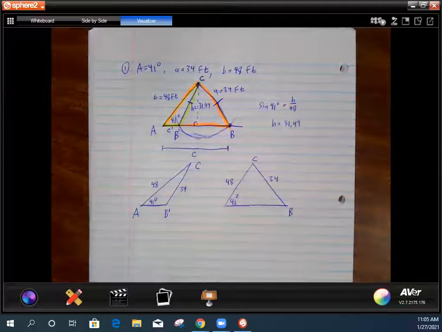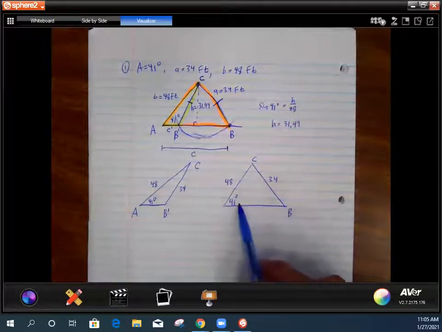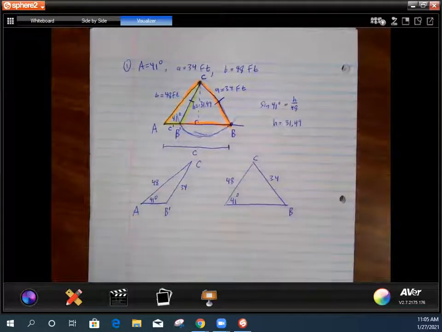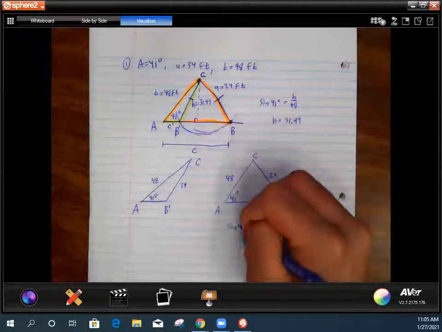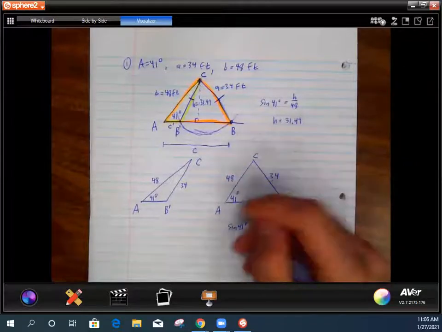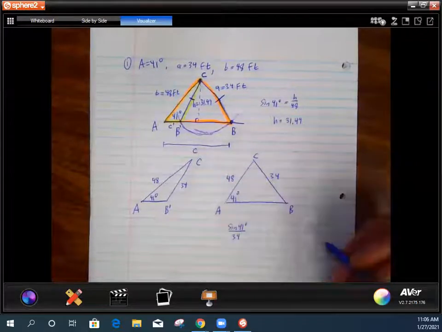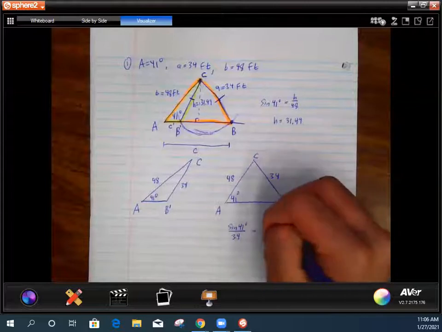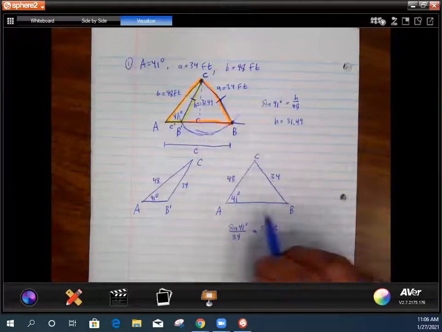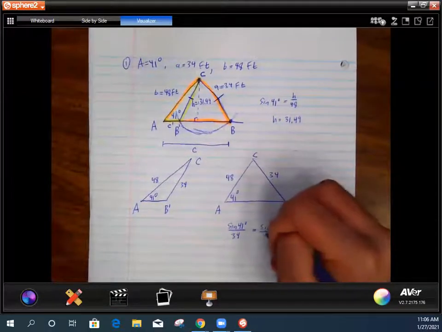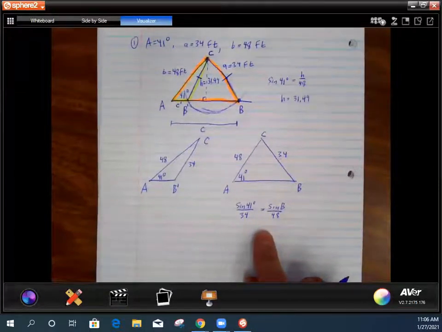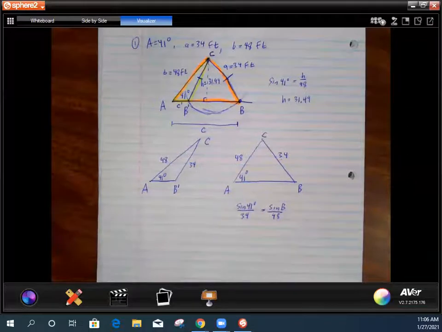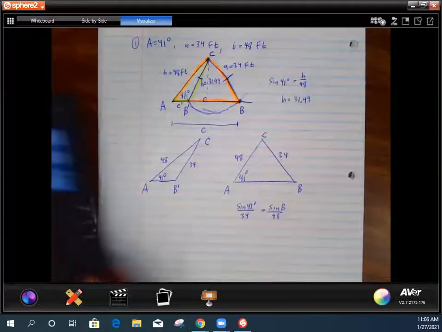So to do that, we're going to do the law of sines. So if we look at this triangle for a second, we could set up the law of sines by doing the sine of 41 degrees over the side across from it is equal to the sine of B divided by the side across from that. Okay, then I'm going to cross multiply. I'm going to do the sine of 41 times 48 on my calculator.